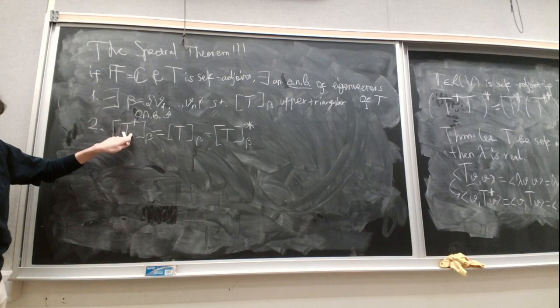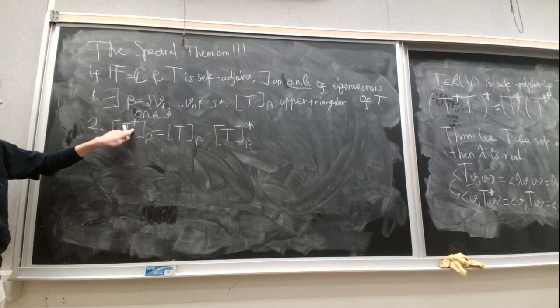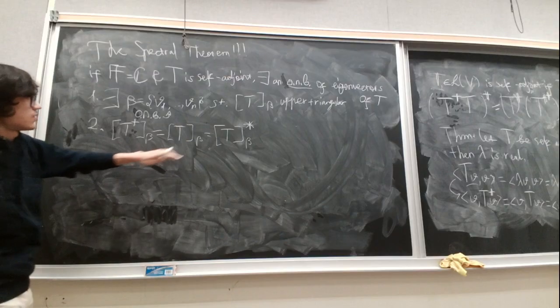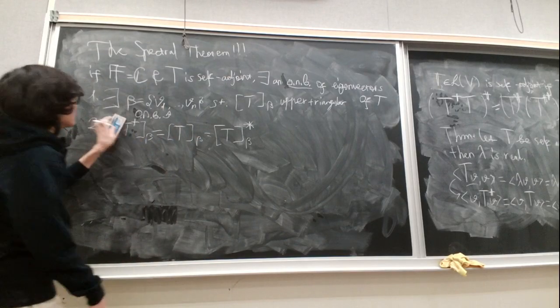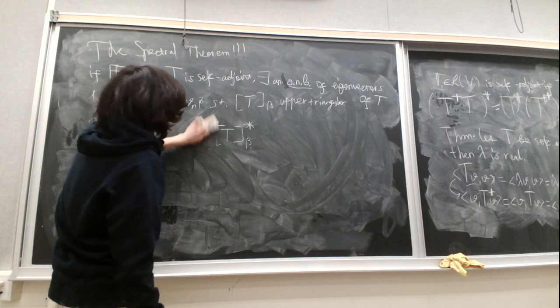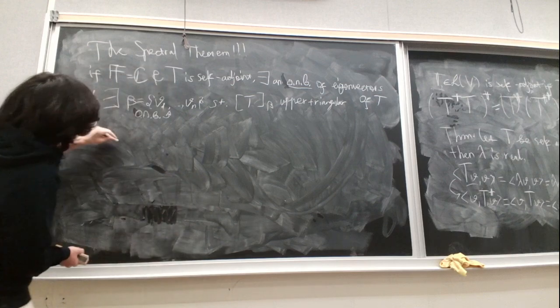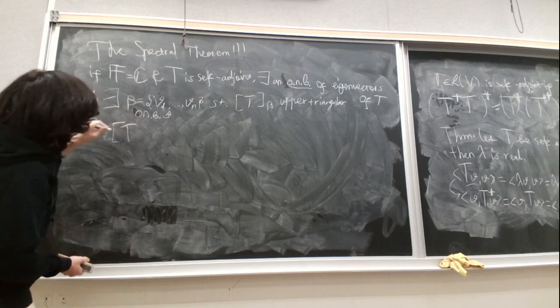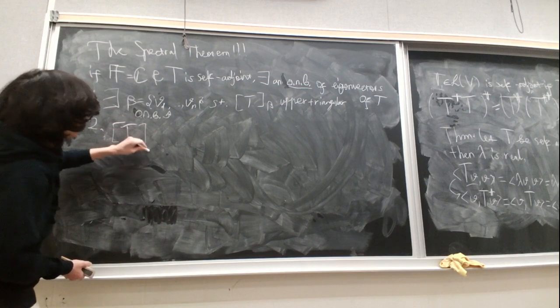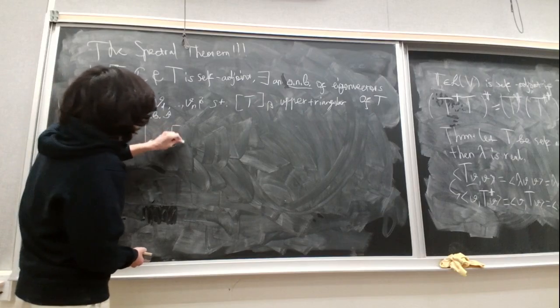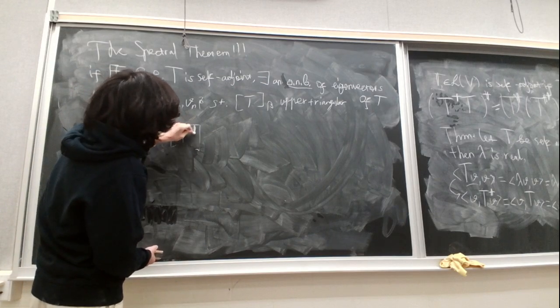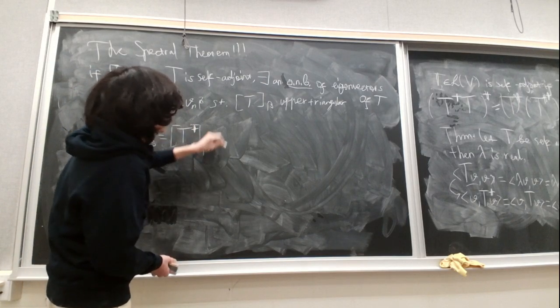This is the adjoint. Maybe I should write it in a different way. So you should say that the matrix of T dagger in basis beta is equal to the matrix of T in beta.